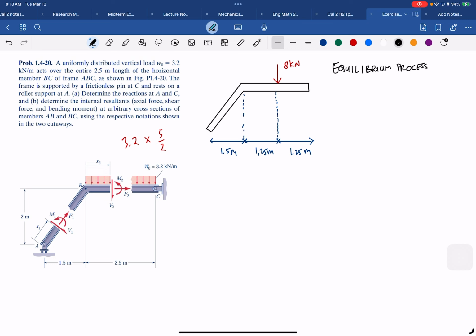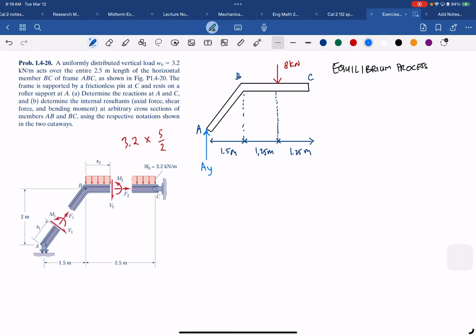Besides that, we have a reaction at A, B, and C. Only a vertical reaction AY, because A has a roller, so it can move freely horizontally and we could have only a reaction in the vertical, right?